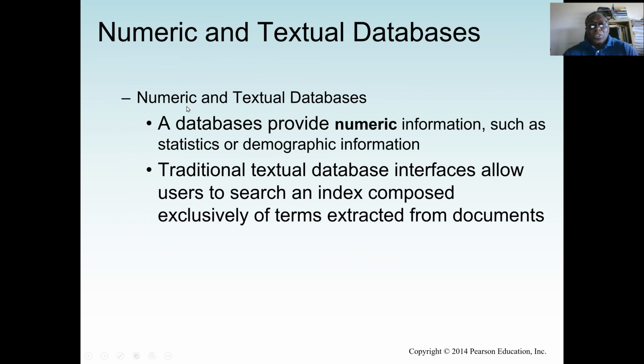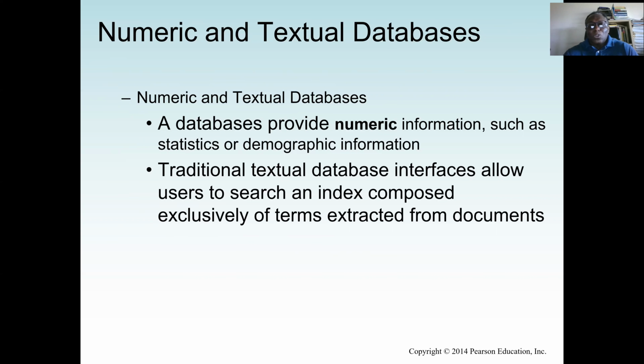And again, numeric databases make it possible for us to store values and data. And textual databases make it possible for us, again, to store text data. So a database provides numeric information such as statistics or demographic information, or I would say the quantitative data.